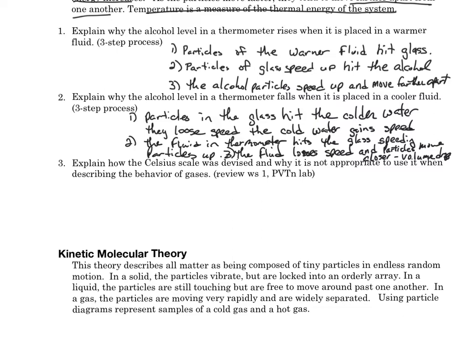Explain how the Celsius scale was devised and why it's not appropriate to use it when describing the behavior of gases. And that was back to worksheet 1 and the different labs that we've done. Remember the Celsius scale? We've got 0 degrees Celsius is equal to the freezing point of water. 100 degrees Celsius is equal to boiling water.